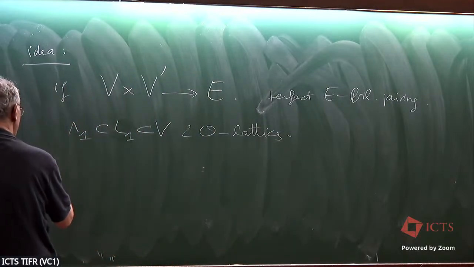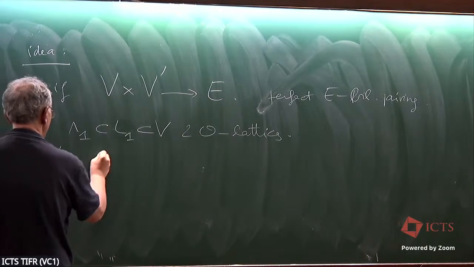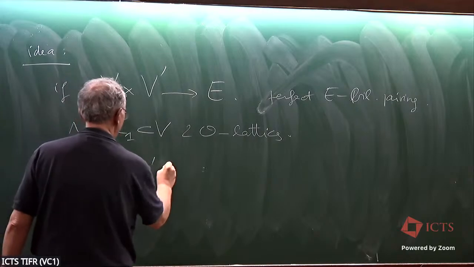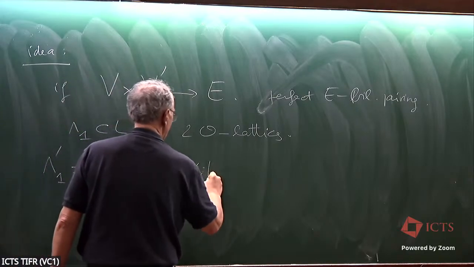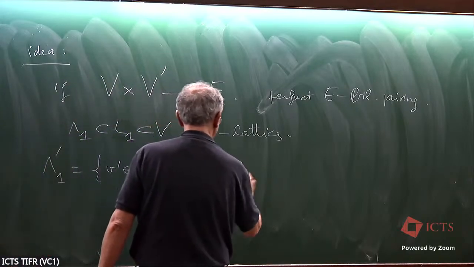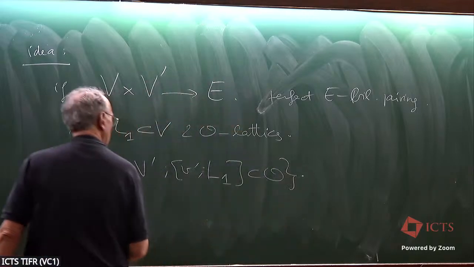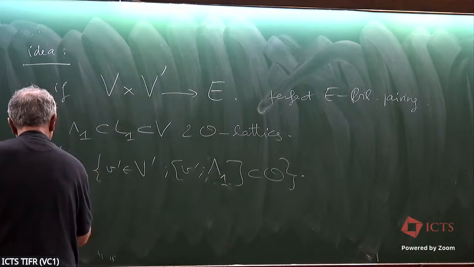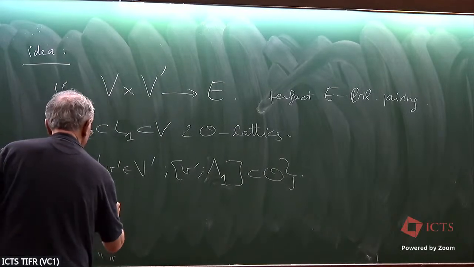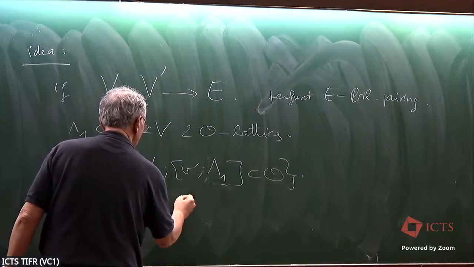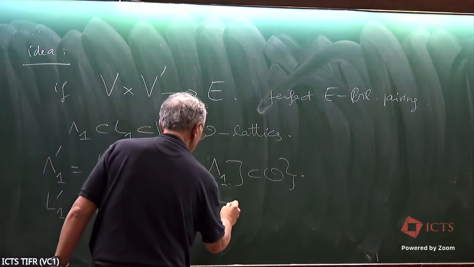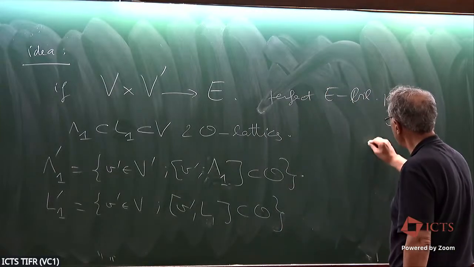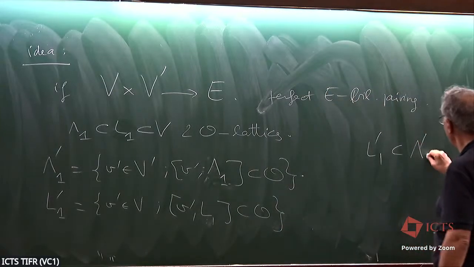This means that we consider Lambda 1 prime, the set of vectors V prime in V prime such that V prime paired with Lambda 1 is contained in O, and similarly L1 prime, the vectors V prime in V such that V prime paired with L1 is contained in O. Of course, the inclusion is now reversed: L prime is contained in Lambda prime.